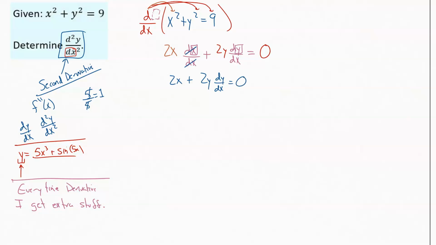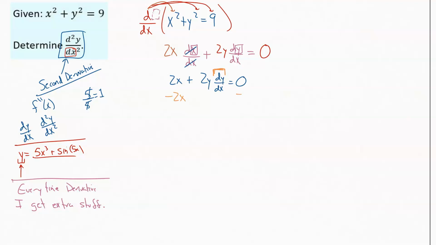From here, in order to find a second derivative, we have to get our first derivative. We need to find out what dy dx is. And so the process on this is going to be to solve to get dy dx by itself. So this is just an algebra problem from here. We want to treat dy dx like any other variable and just get it alone on one side of the equals. We're going to move everything else away.